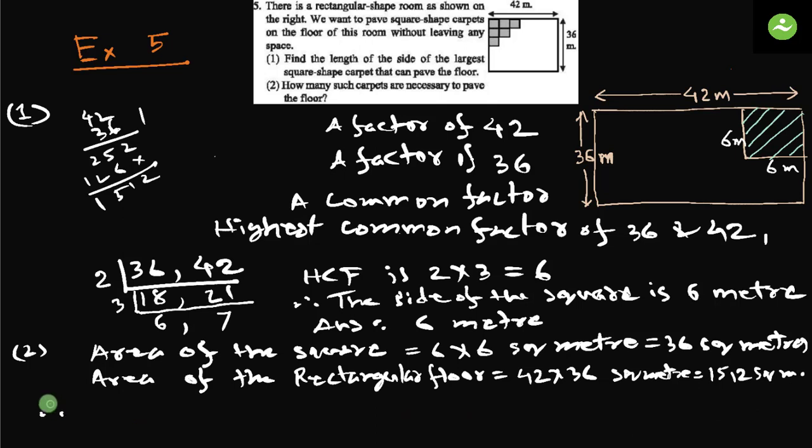So the number of carpets, therefore, equals 1512 divided by 36.